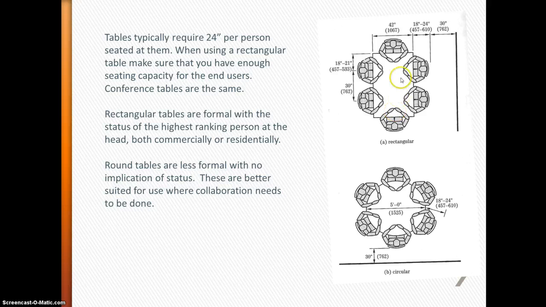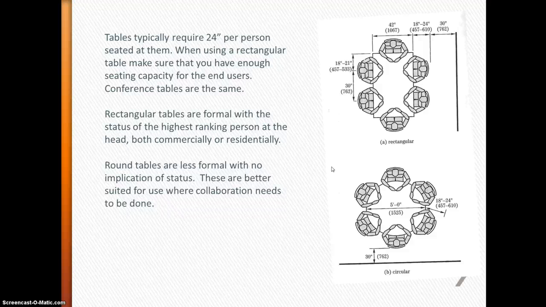So if this is something that we want to use in our design, consider the status of the people who are also using it. Now when we're using round tables, those are less formal and they don't have an implication of status. So wherever we need to have collaboration, everybody's on equal ground, round tables really give that feel.